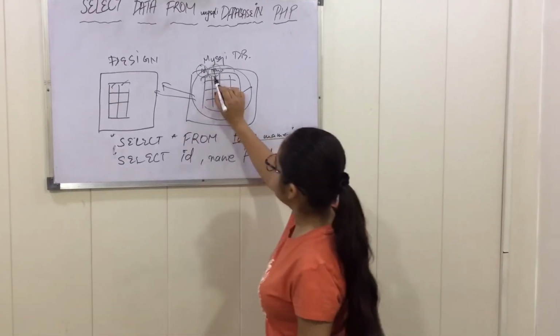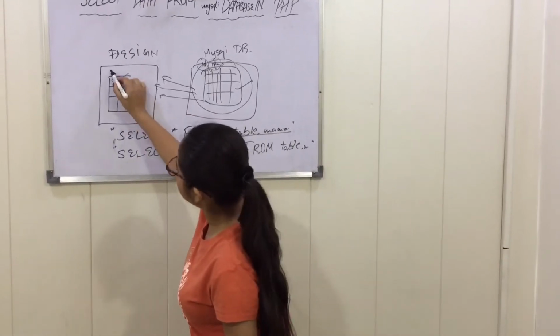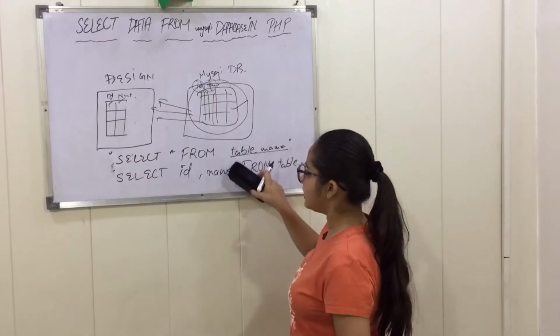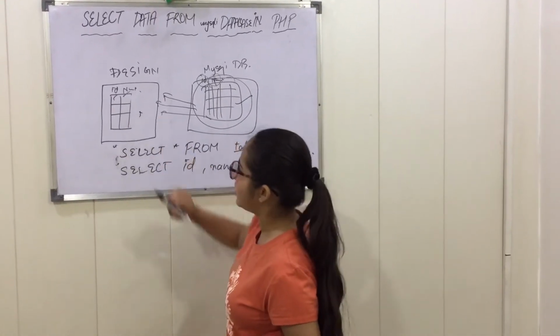So only the ID and the name columns will be selected and displayed on the screen. In these two ways we can select the data from the database and view it on the design part.